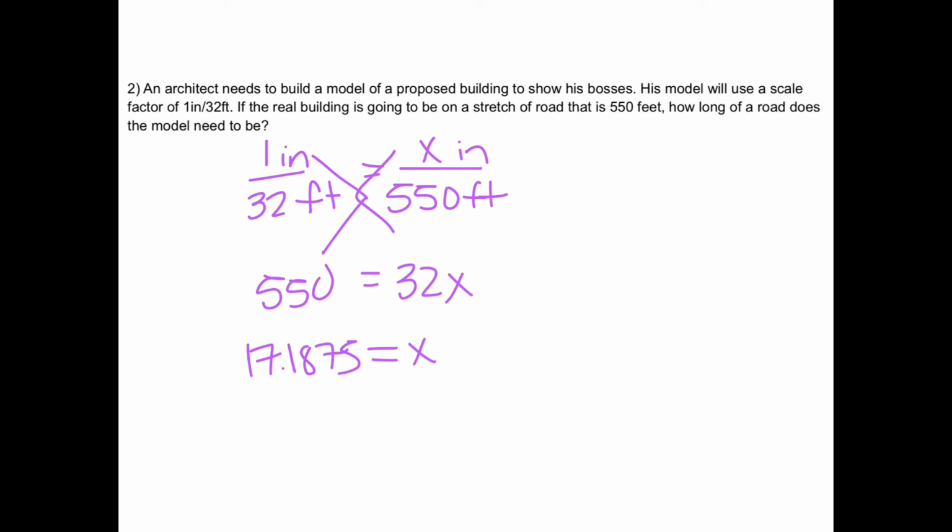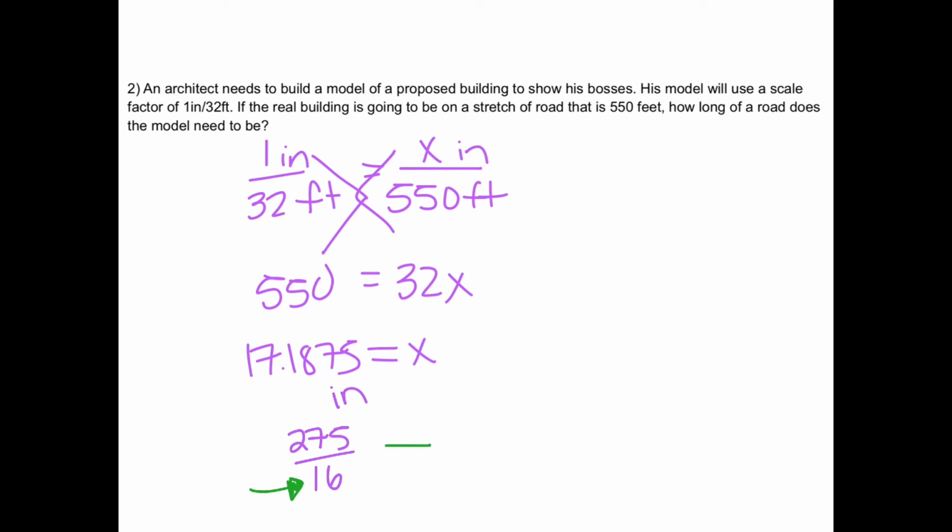Okay, so when we're dealing with inches and feet and we get an answer like this decimal, notice I did not round it, because this is inches. If you turn it into a fraction, use your calculator, whatever you need to do, turn it back into a fraction, it ends up being 275/16, which is actually good news because inches are measured in 16ths.